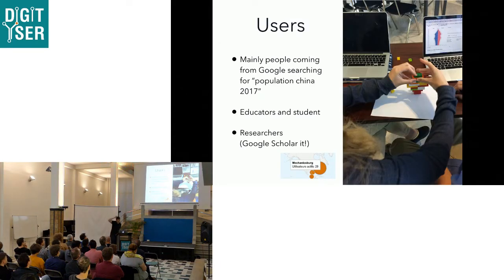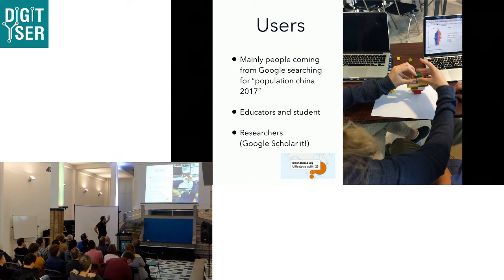Now, when you do a website like this, you don't really know who the users are. You put it on the internet, and you hope that somebody will be interested. Over the years, I have gotten some insights about who's using the site, and the first source of traffic is people Googling something like population of China in 1950, and they end up on the site because it's quite well SEO optimized.